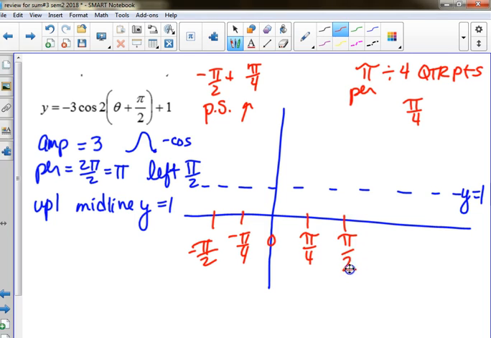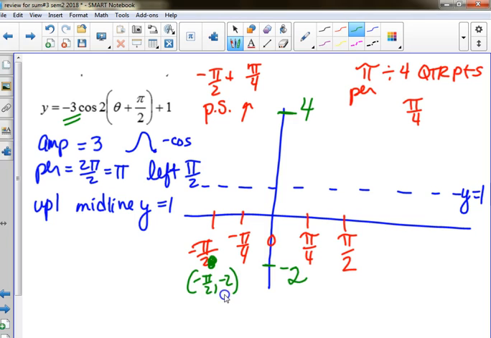Are we okay? Now, it was a negative cosine, so it starts at the minimum. Where's the minimum for this? If it's up 1, but it has an amplitude of 3, the maxes are at 4, but 1 minus 3 is negative 2. Okay, and where does it start? At negative pi over 2, it's at its minimum, right?